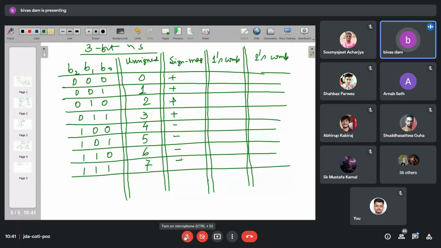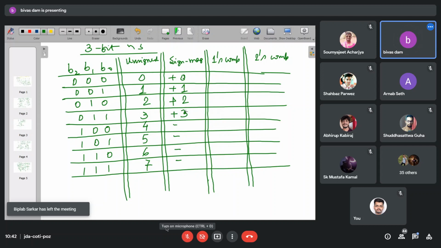As it is sign magnitude, apart from the sign bit, the other bits represent the magnitude directly. So the magnitude is 0, then 1, then 2, then 3. So plus 0, plus 1, plus 2, plus 3.